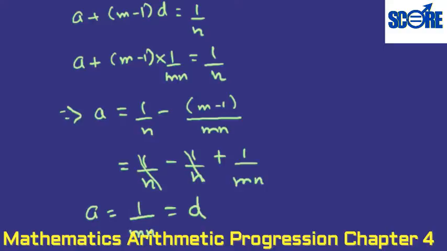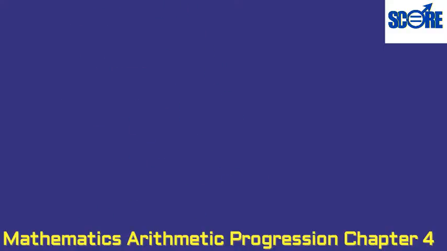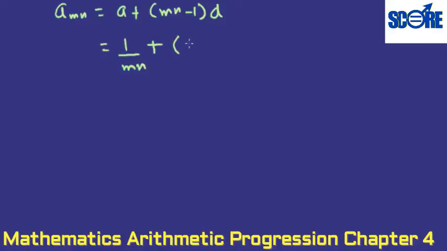So now we'll put the value of a and d in the mnth term of the same AP. So the mnth term of the same AP was a plus mn minus 1 into d. As we see, the value of a is 1 by mn, so we'll put the value of a in this equation. So 1 by mn plus mn minus 1 into d.